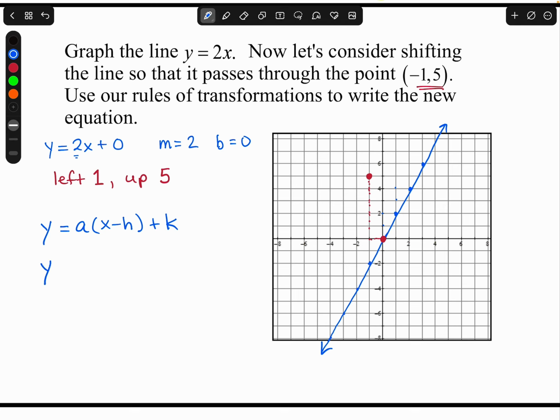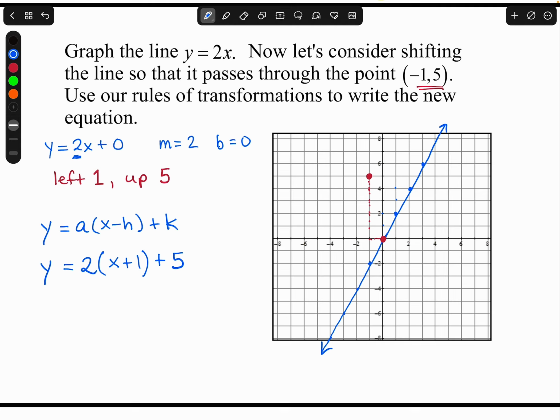So if we moved to the left 1, think about what you would have in the parentheses with x if you move to the left 1. And I'm going to put my 2 back in. That was my stretch factor, that's like my a value. But you know that if we move to the left 1, that would be like saying x plus 1. And then if we moved up 5, our k value would be 5. And this is what we would have right here: y equals 2 times the quantity of x plus 1, and then plus 5.